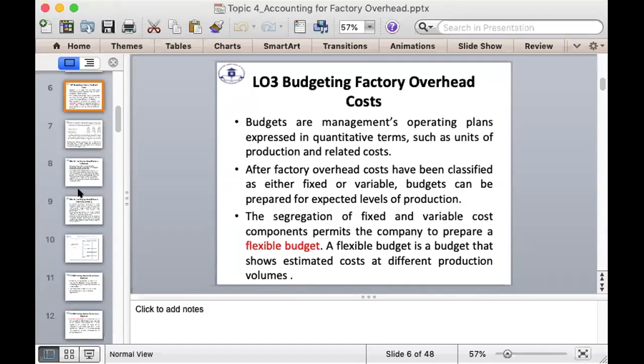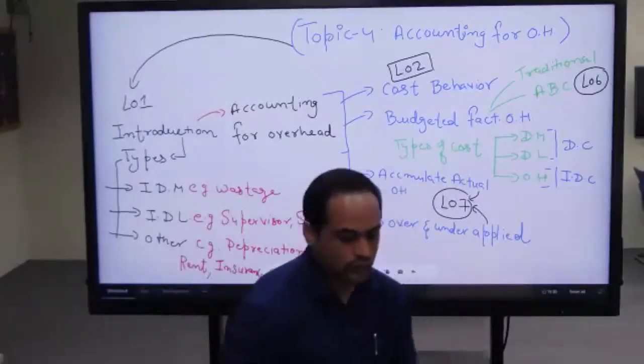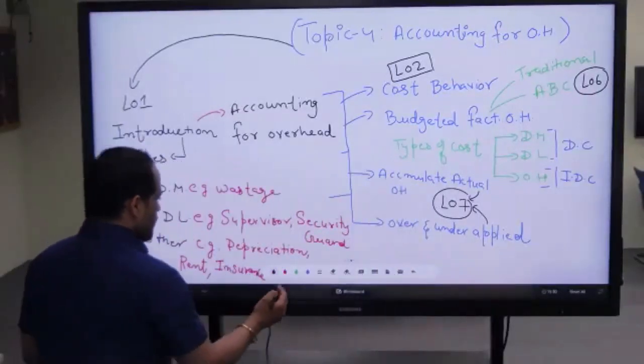For learning outcome 3, I will not speak much more, but I will give you very basic information. In learning outcome 3, we will study how we estimate the budgeted factory overheads.